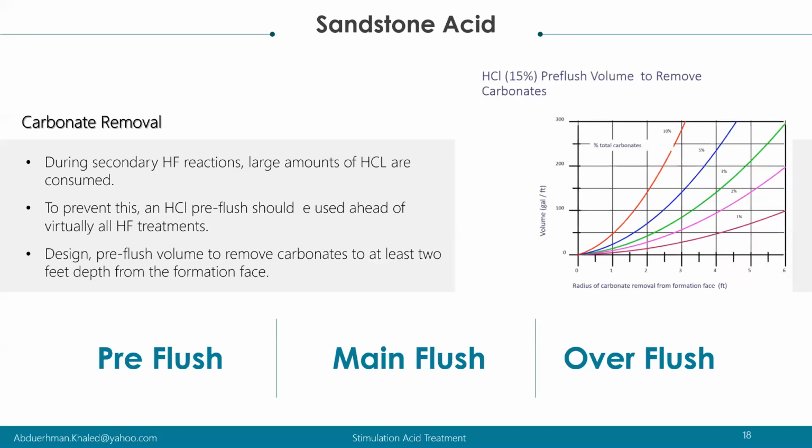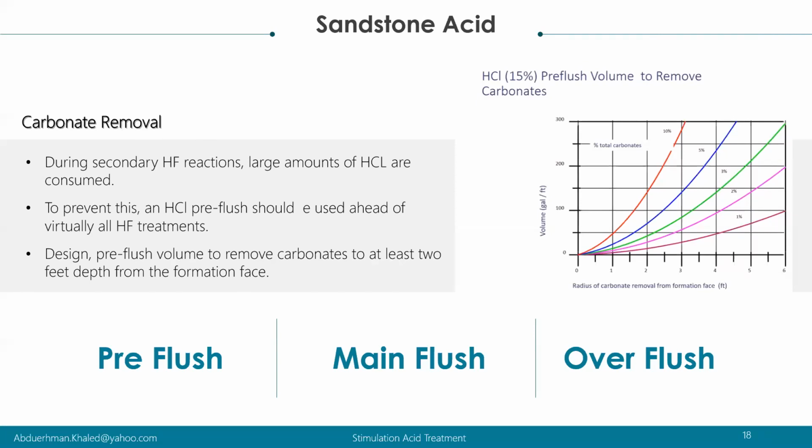It's an injection of about 50 gallons per foot, and if the carbonate percentage is higher than 10%, you'd better treat it as a carbonate rock rather than sandstone, because you will end up precipitating insoluble materials, and you cannot do acidizing with HF with such a huge amount of carbonate.